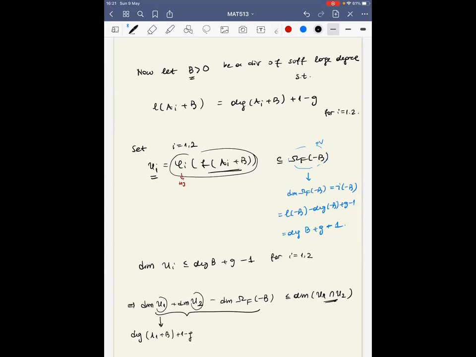So that means the dimension of U1 will be degree of A1 plus B plus 1 minus G, and similarly the dimension of U2, degree of A2 plus B plus 1 minus G, and minus the dimension of the space of Weyl differentials of the divisor minus B.